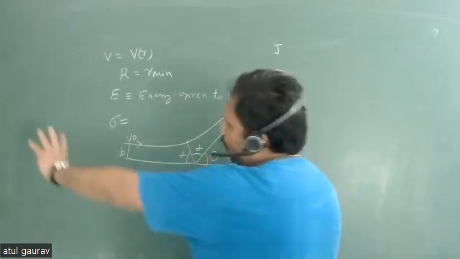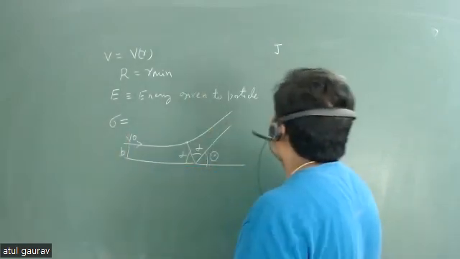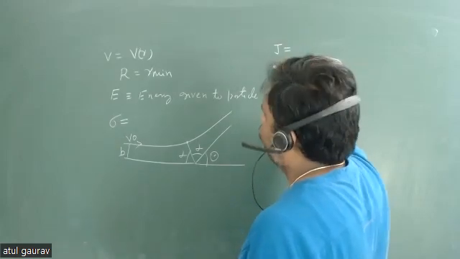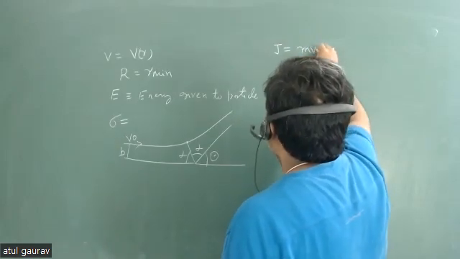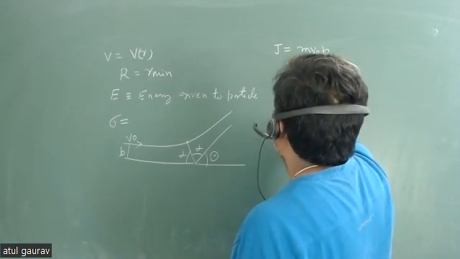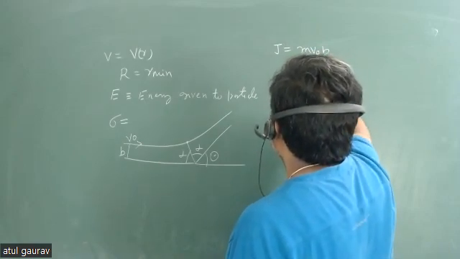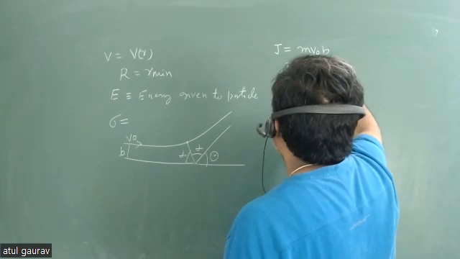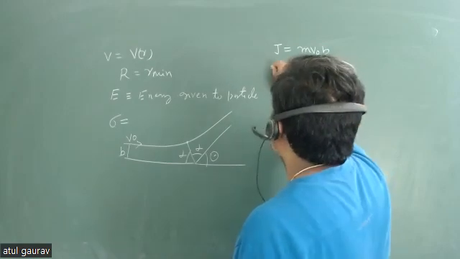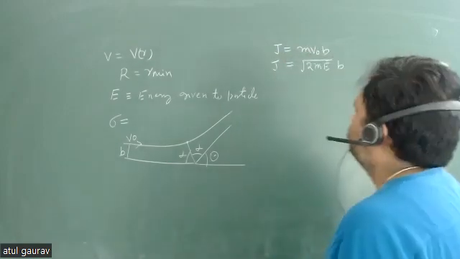We assume when we are throwing the particle, it will behave like a free particle. So what is your J? M V naught B, and which will be written as root 2mE into B. अभी तुरंत किया था इसे. This is your value of J.